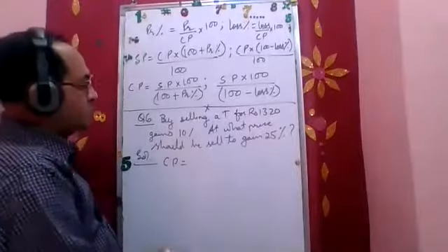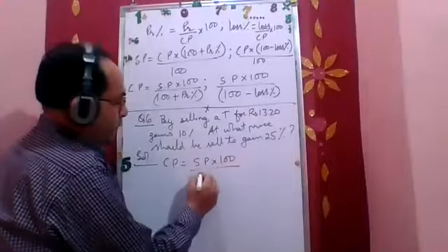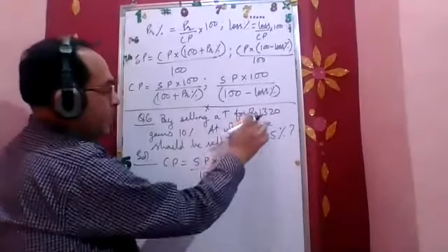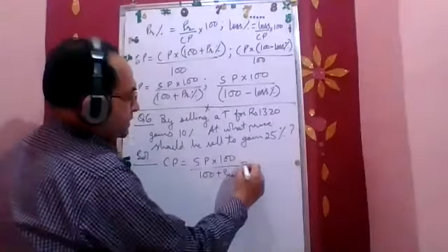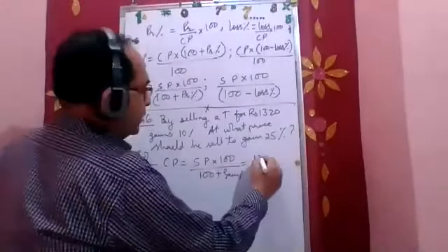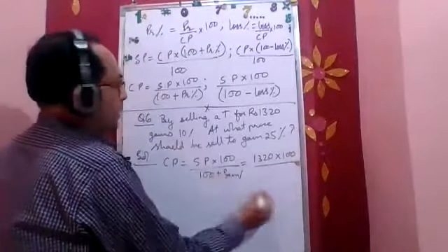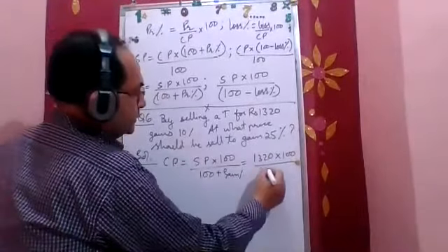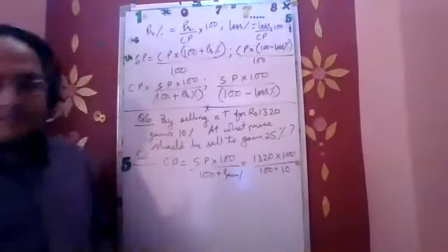Now the cost price is equal to selling price upon 100 plus gain percent. Selling price 1320 multiplied with 100 whole upon 110. The answer is 1200. Very good, very good. Ananya has got the answer.